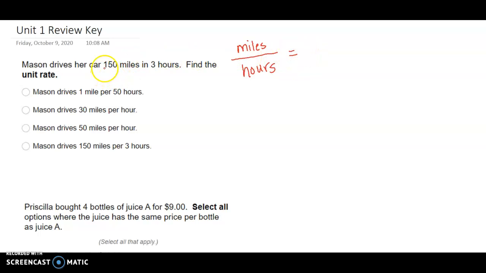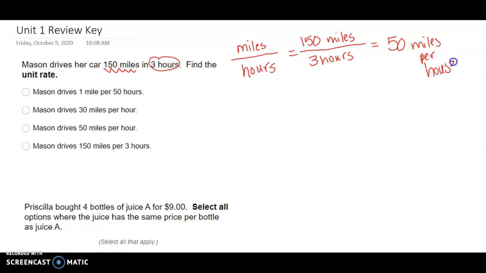So in the word problem, I see we have 150 miles over 3 hours. So when you divide 150 divided by 3, we get 50 miles per hour. So that is our unit rate.